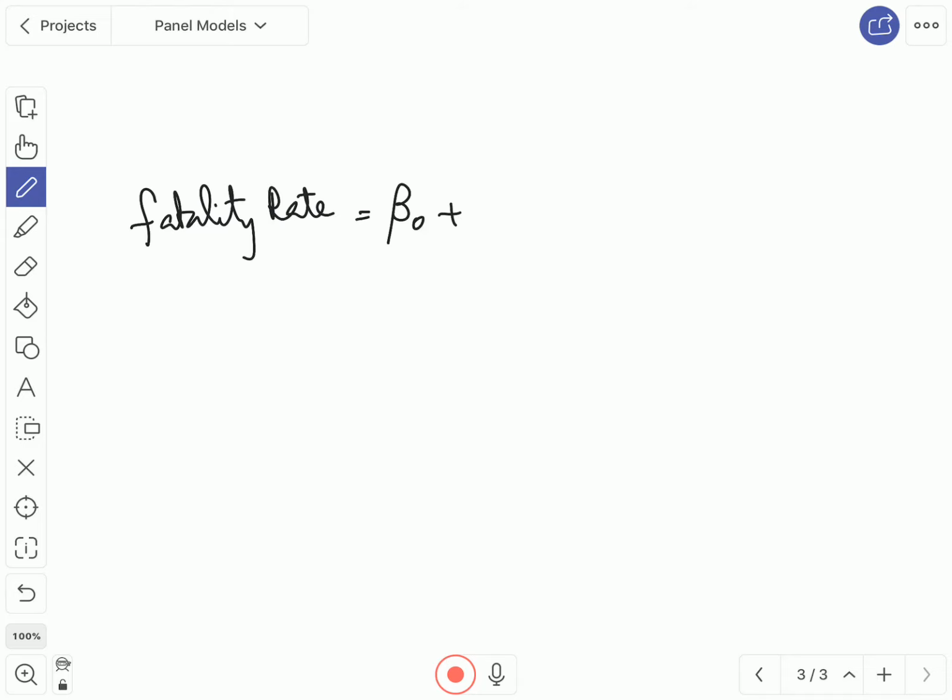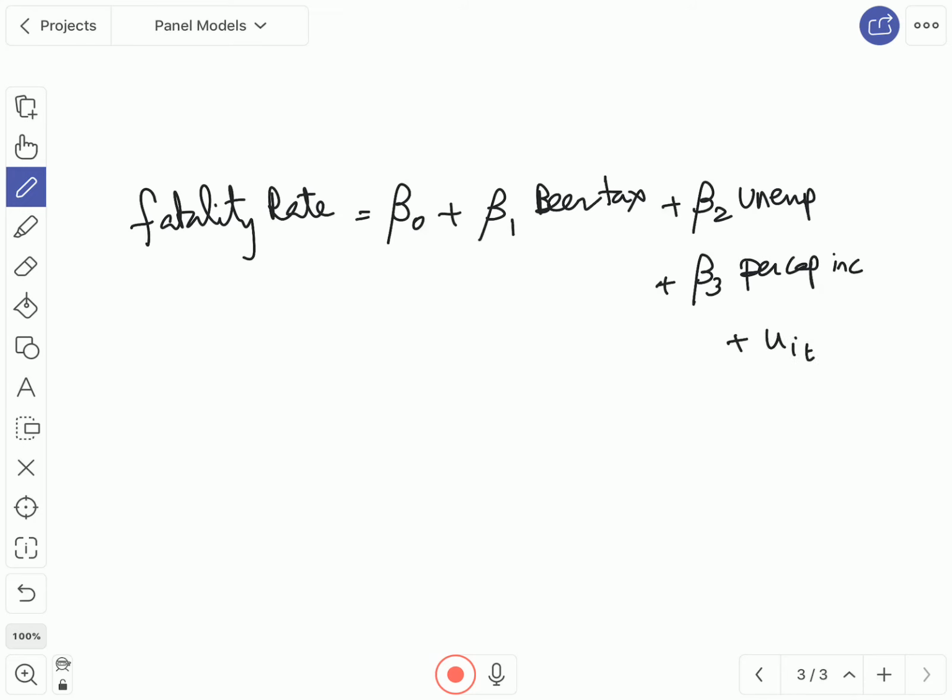And this list, one of the important factors we're going to talk about is beta 1 beer tax. Okay, we're also going to be talking about beta 2 unemployment rate plus beta 3 per capita income. Okay, so per capita income, and of course we have an error term for this regression.